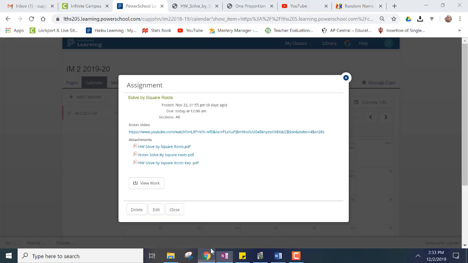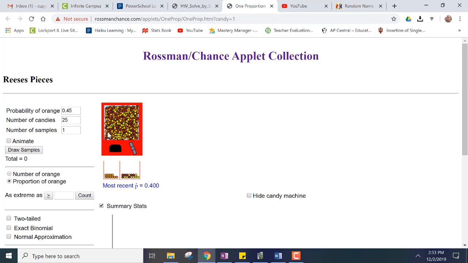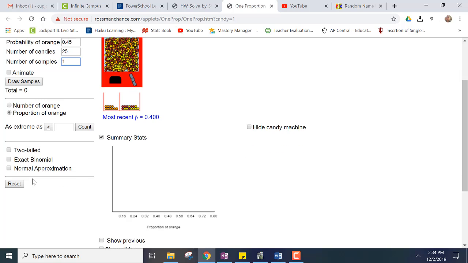So again, what we should do: probability of orange, 0.45, number of candies, 25, sample size one sample. We don't want to animate because it takes forever if it does that. We want proportion of orange, not the number of orange. And they're going to graph it all right here.